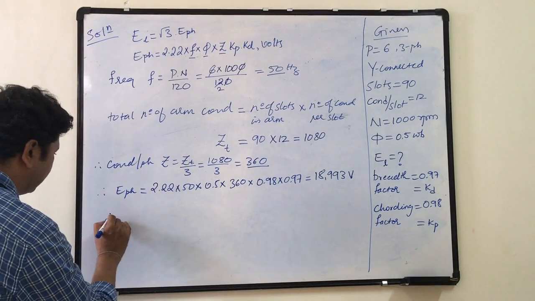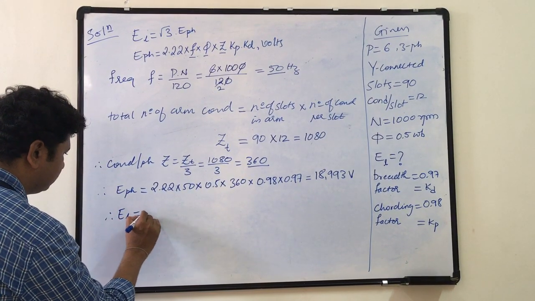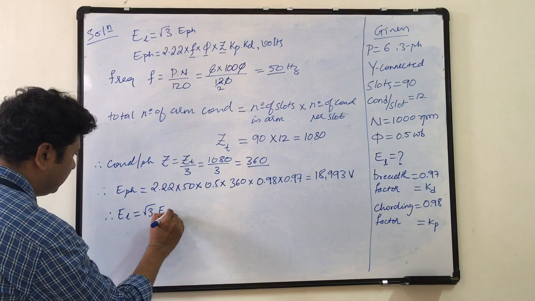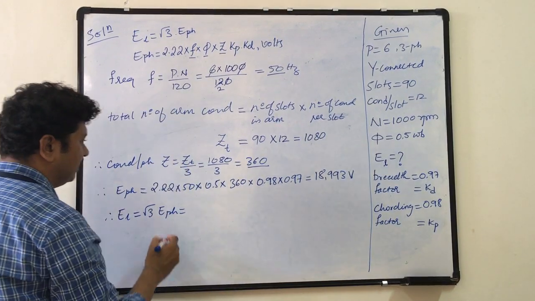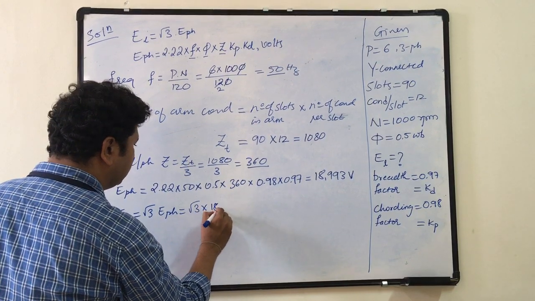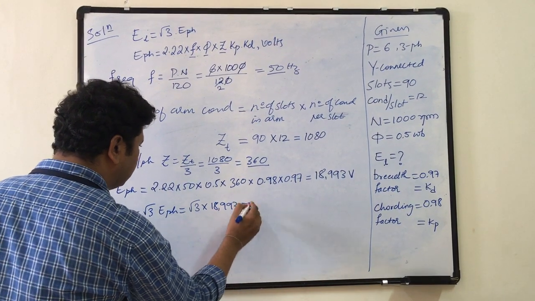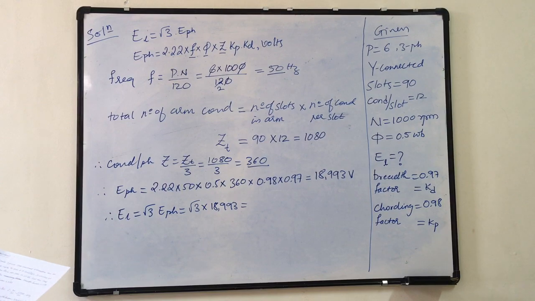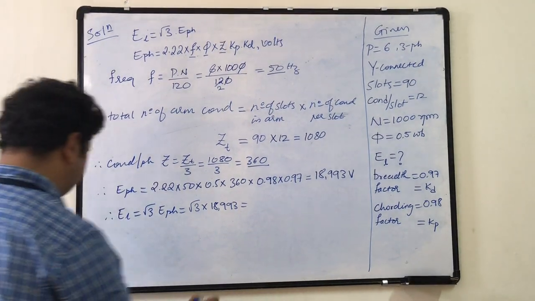Therefore, what is here? Generated EMF. Root 3 Eph, like mentioned earlier. Root 3 into 18,993. So this will come out to be 32,897 volts.